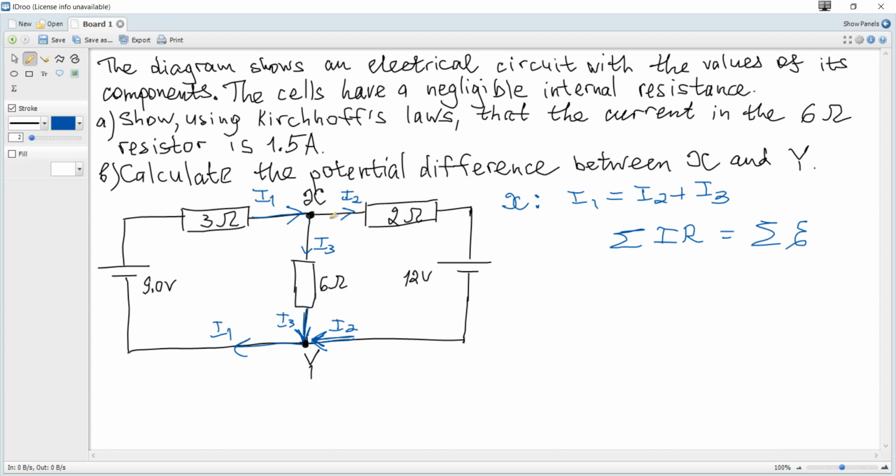Let's consider a complete circuit, for example, X, A, B, Y. We need to choose some direction, clockwise or anti-clockwise, as positive. Let clockwise direction be positive. So we are moving from X to A, to B, to Y, and again to X.